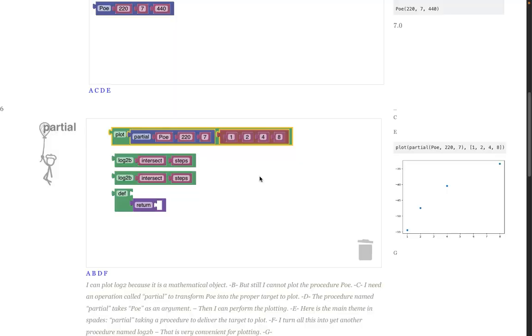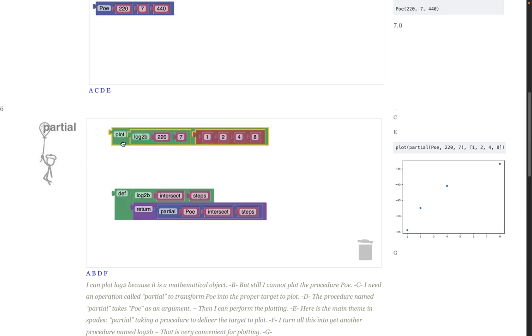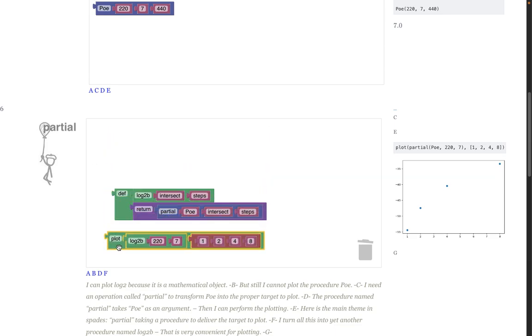I turn all this into yet another procedure named log2b. This is very convenient for plotting.